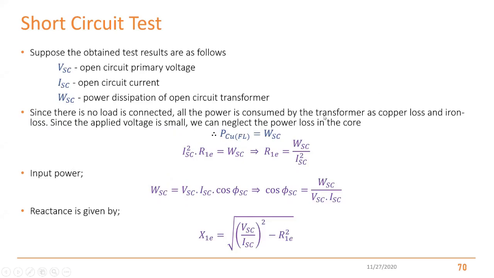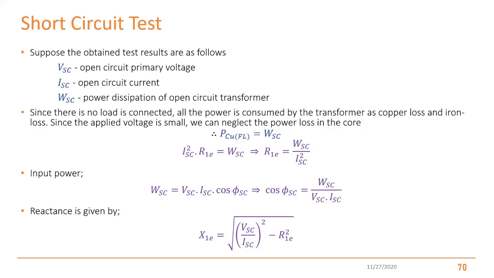Since the input voltage is very low compared with the rated value, whatever the power dissipation is occurs at the resistances, as copper loss.